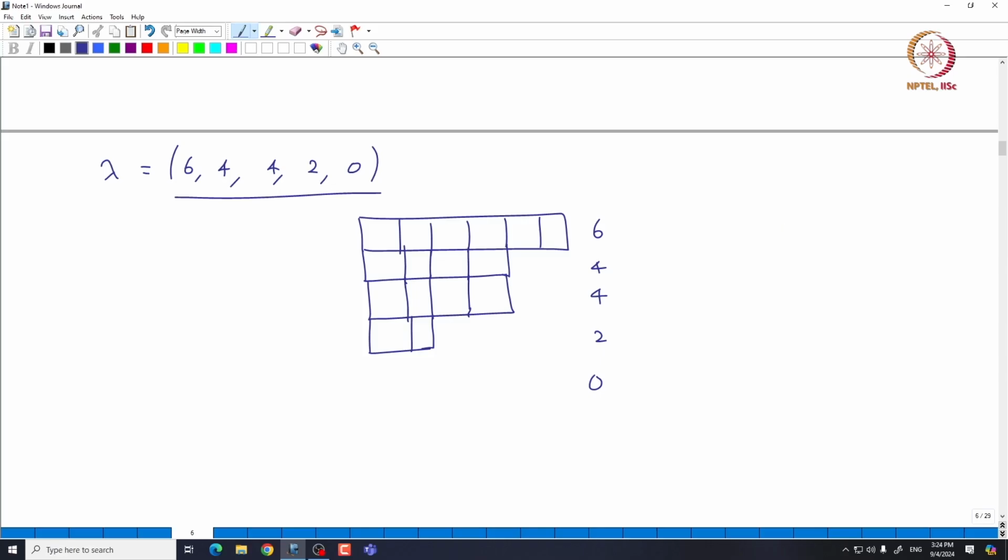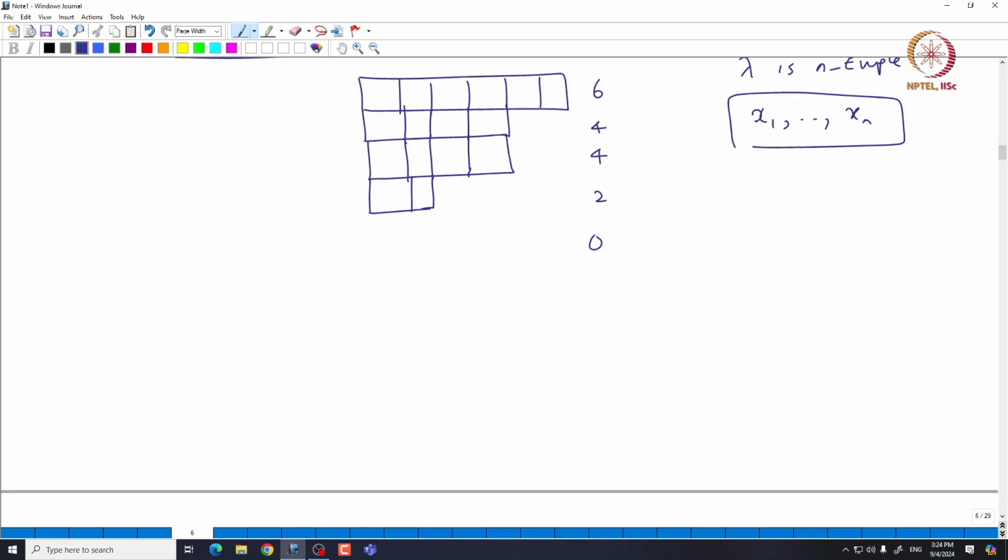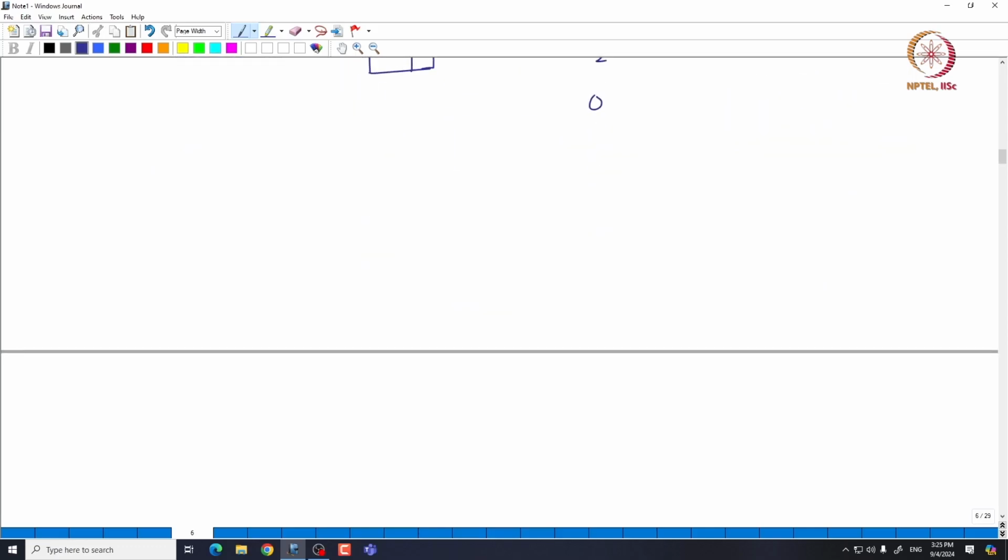If lambda is an n-tuple, then we are working with the variables x1 through xn. So, there are n variables. Okay. So, now what is this semi-standard Young tableau? The semi-standard Young tableau associated with lambda is indeed a collection.